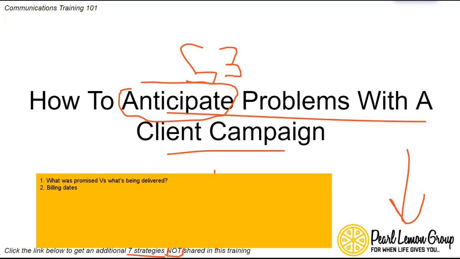So fundamentally, the first thing to look at is what was promised versus what's being delivered, and that's a surefire way that any account manager will be familiar with. We promised XYZ by XYZ date. So far, we've delivered X. Client's asking where YZ is, and we don't know that we're going to deliver it anytime soon. So ultimately, what is promised versus what is being delivered is important.